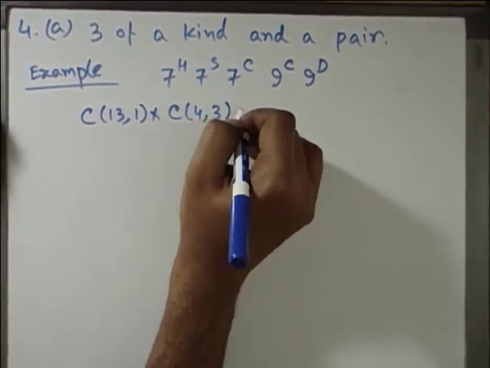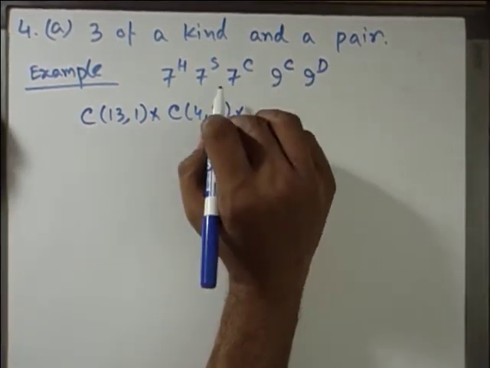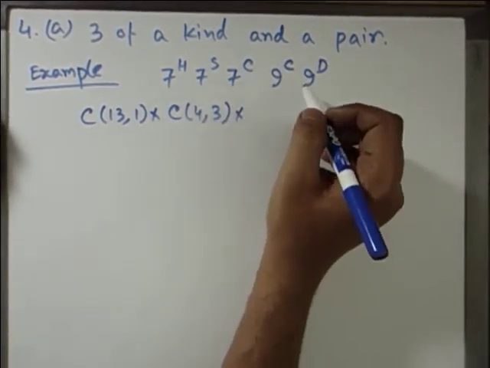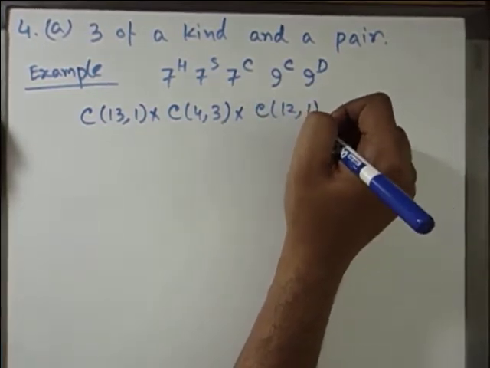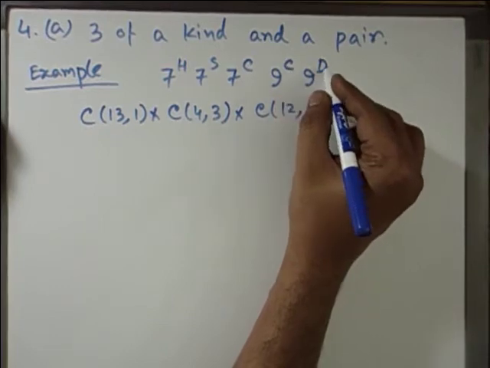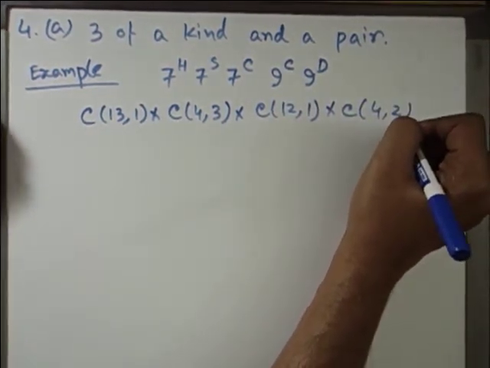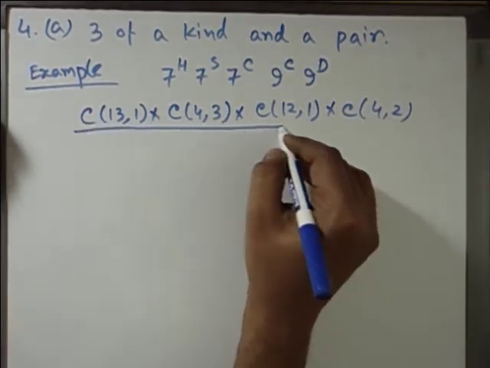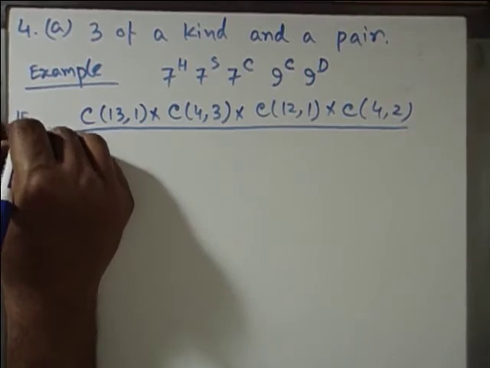So 4 choose 3. Then there are 12 kinds left. You cannot use this one, so from those 12 you choose one for the pair, and for that you choose 2 suits from the 4 suits. So that is your numerator, or your event space size.